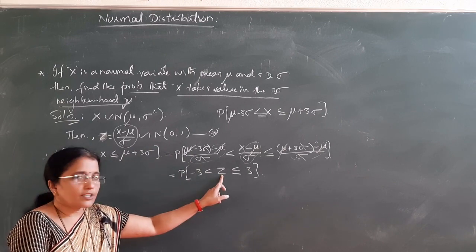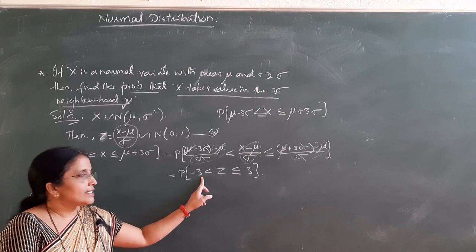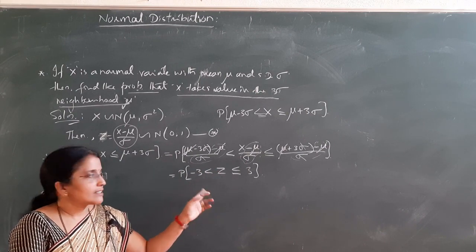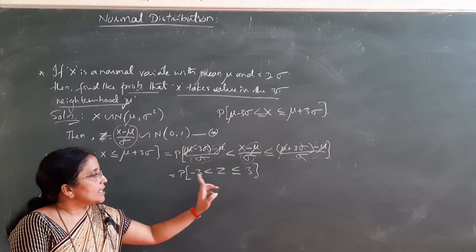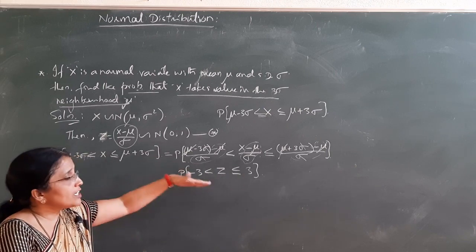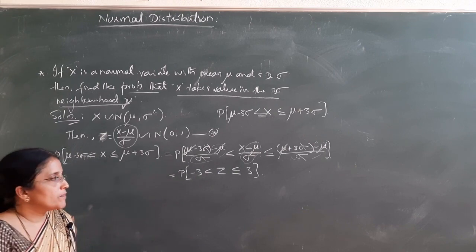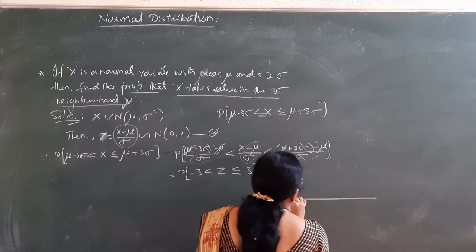Now we started with the normal variate and now we have got a standard normal variate. Once you get this form, that is the probability of z between minus 3 and 3, which is the probability of a standard normal variate lying between minus 3 and 3, then we know how to continue. As I told you, first it must be represented by a standard normal curve.